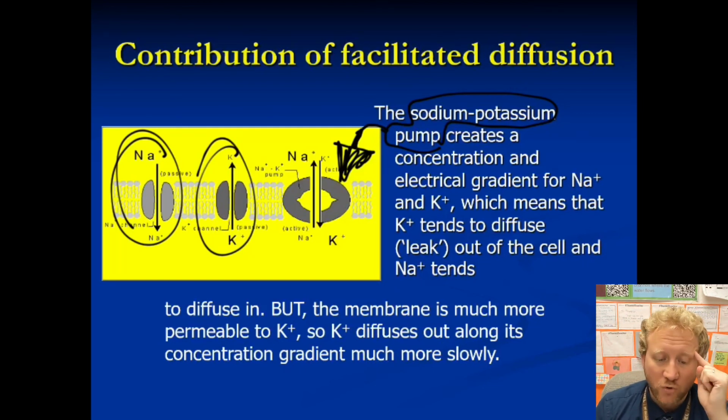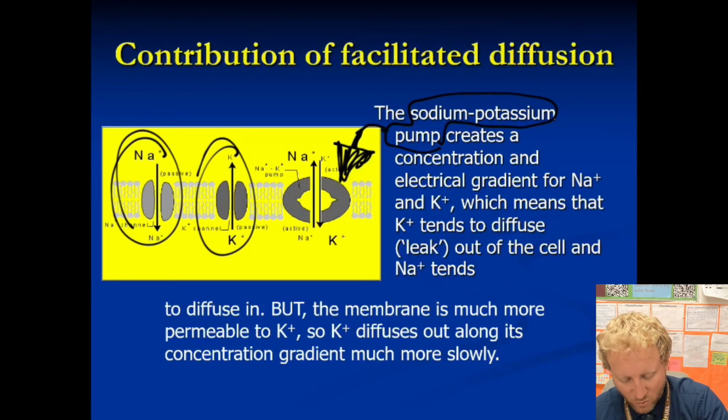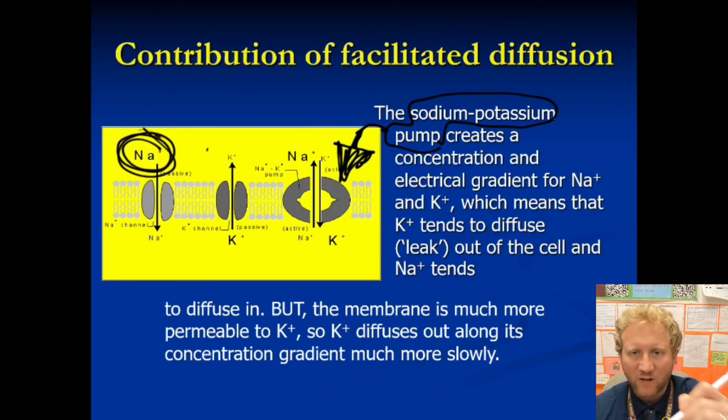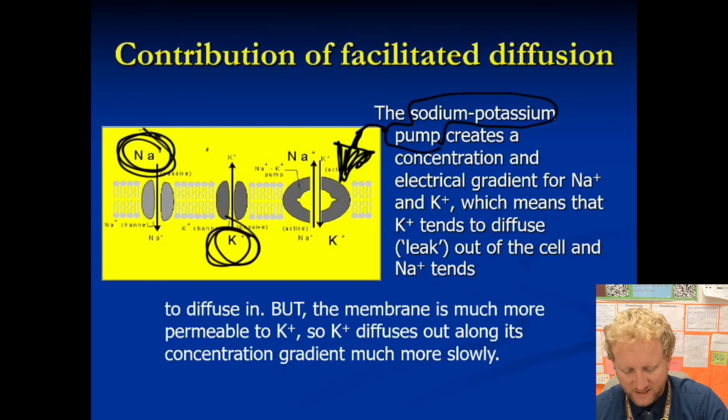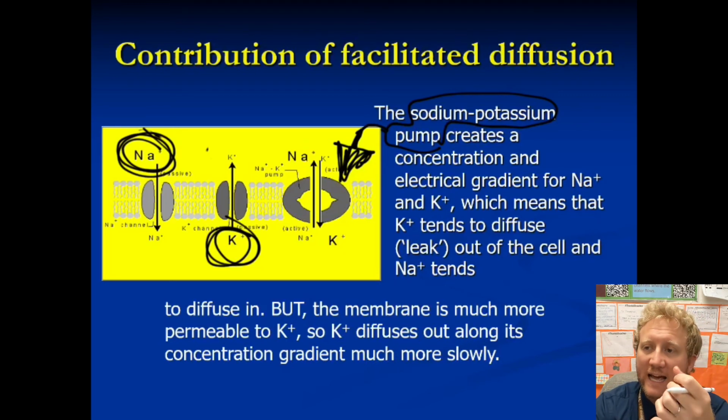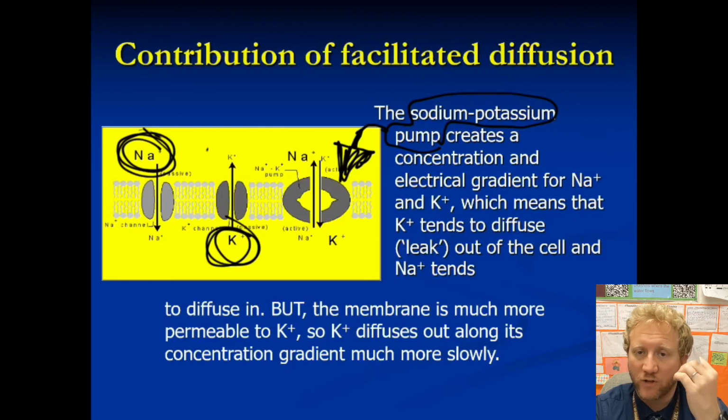And so what that's going to do is give us more sodium outside of the cell and more potassium inside of the cell. Then these channel proteins are going to allow the sodium and the potassium to flow down the concentration gradient, going from high concentration to low concentration.